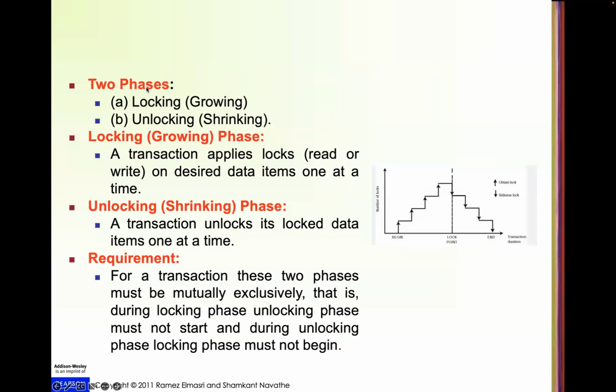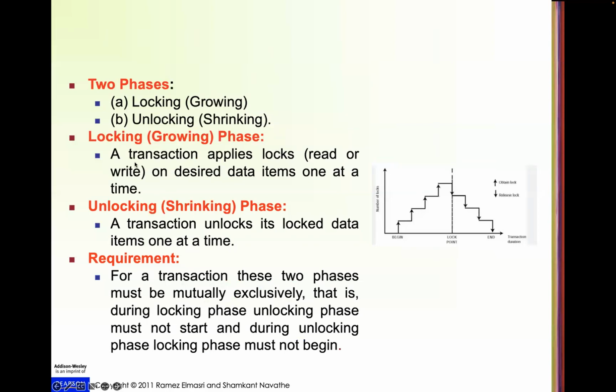Hence, the two phases of locking include a growing phase and a shrinking phase. What is a growing phase? In the growing phase, a transaction applies locks, read or write, on desired items one at a time. In unlocking, a transaction unlocks its locked data items one at a time.